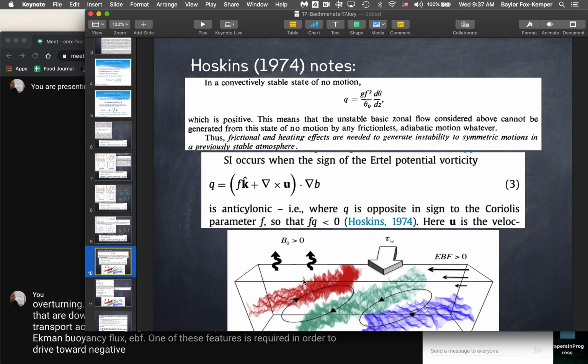If we are warming the surface, we're actually driving towards positive PV. If we are having an upfront wind rather than a downfront wind, we're driving positive PV, not negative PV. So in order to get SI to occur, we need some kind of frictional, like wind, or diabatic, like cooling effect to make the conditions favorable for SI.